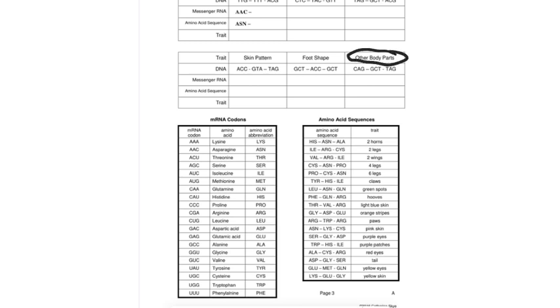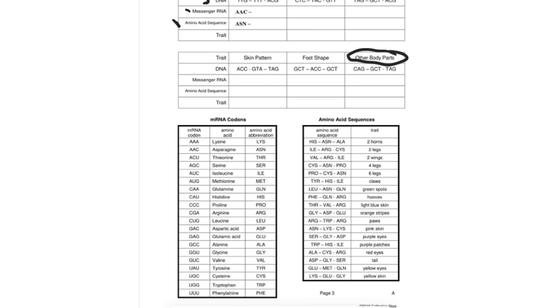So you're going to be using the DNA that's given to you to transcribe it into the messenger RNA, and then you're going to translate it into the amino acid sequence to figure out what the trait is. So let's do the first one together here. The DNA is TTG.